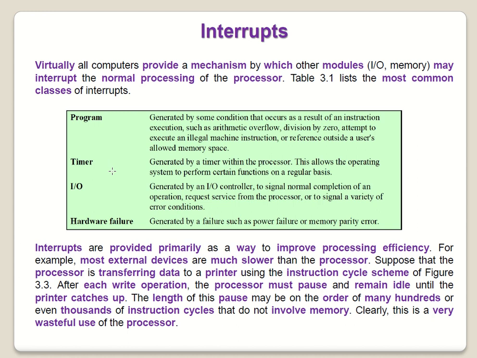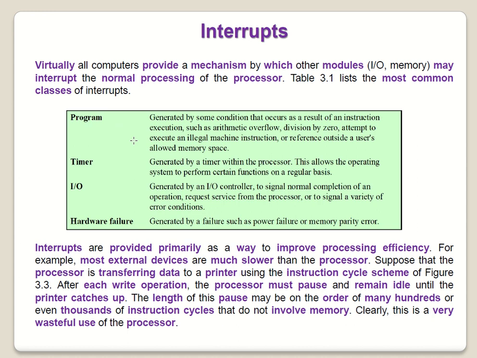This allows the operating system to perform certain functions on a regular basis, for example, every 24 hours you want to do something, or every 1 hour you want to do some disk clearance. So every 1 hour it will interrupt the processor. It will signal the processor, so the processor starts to do some task in a regular, systematic way. Program: this interrupt is generated by some conditions that occur as a result of some instruction execution.